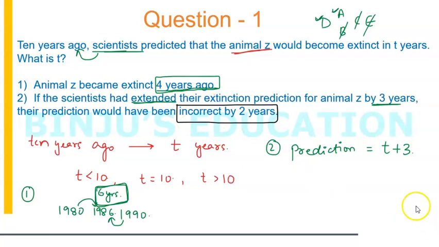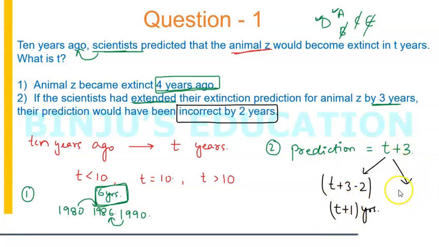One is that there's a possibility that the animal Z became extinct in T plus 3 minus 2 years, which is T plus 1 years. Another possibility is that they became extinct in T plus 3 plus 2 years, which will be T plus 5 years. So both ways are possible, because it says incorrect by 2 years, and incorrect by 2 can mean both ways.